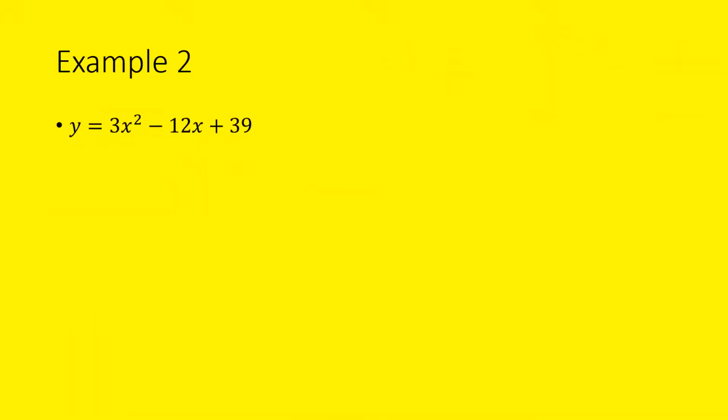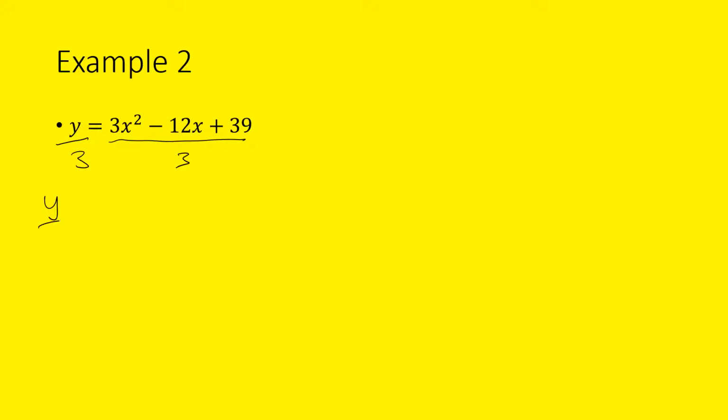All right, example 2. We have a quadratic trinomial, but in this case, the x squared has a coefficient of 3. And what we want to do is let the lead coefficient be 1. So there's a couple different ways you could do this problem. I'm going to start off by dividing both sides of the equation by 3.